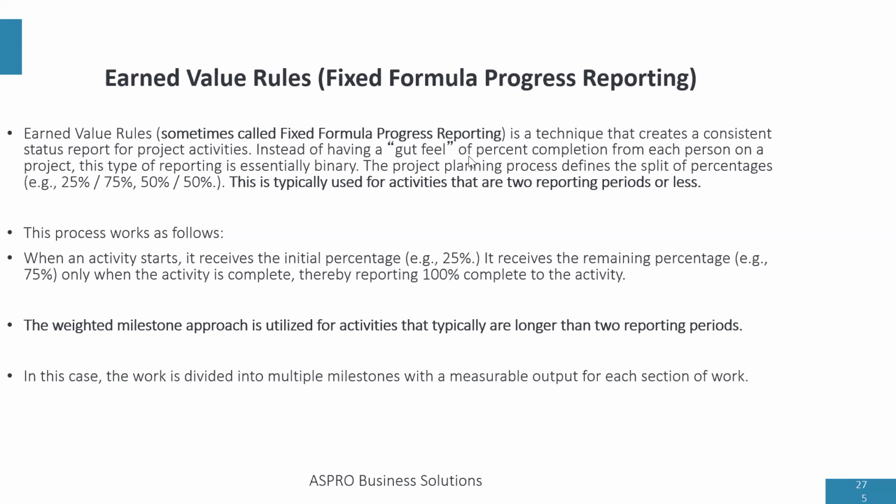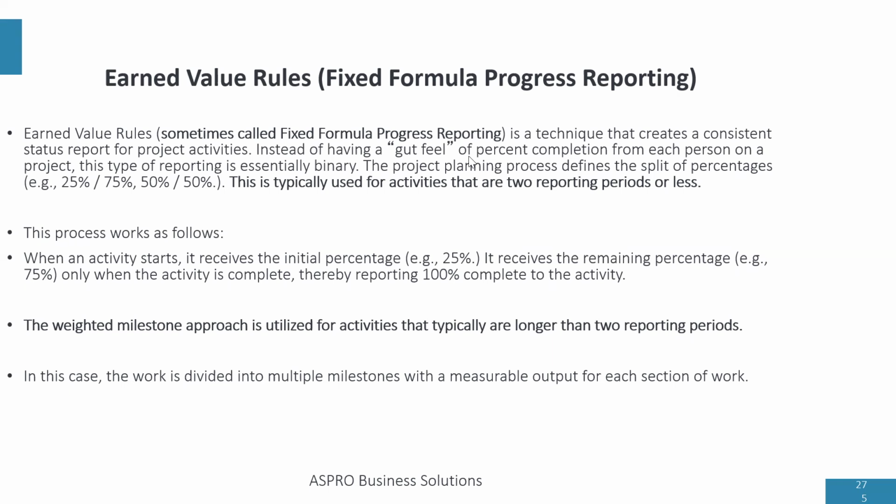Now, have you worked on a project where you need to track progress, which means you have to ensure people are working according to schedule, right? So, end value rules, fixed formula progress reporting is something that helps us to track the progress of project activities in our projects.